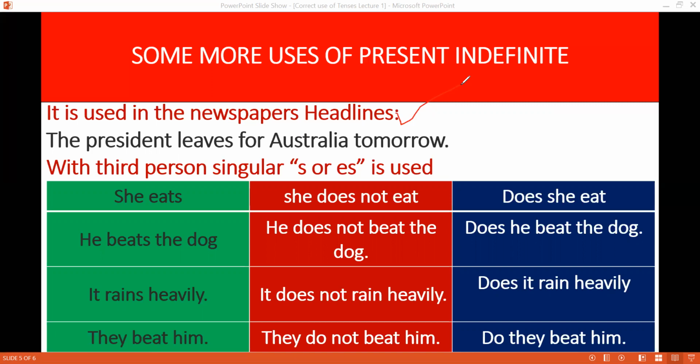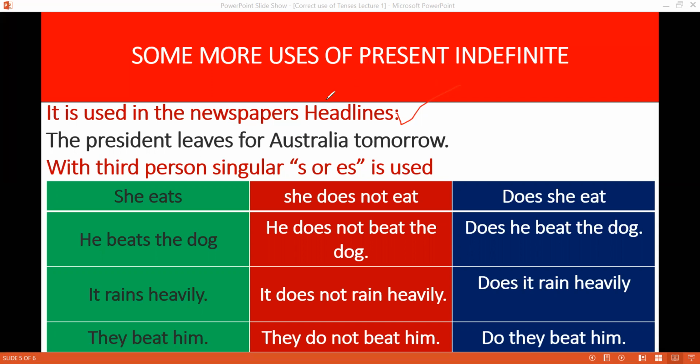If we use it, president will leave for Australia tomorrow, there may not be that certainty which we find in the present simple. The president leaves for Australia tomorrow. Something when it is scheduled, we prefer to use present simple for near future incidents or events which are scheduled.